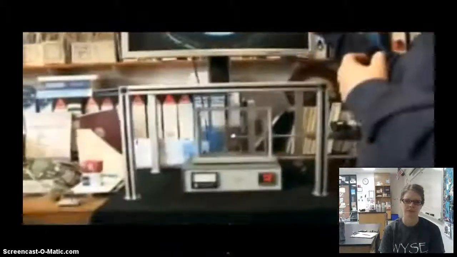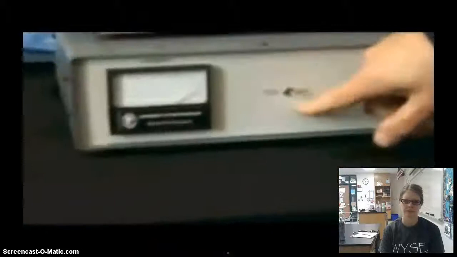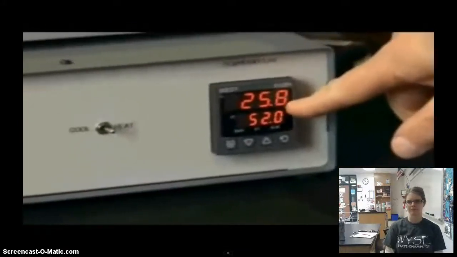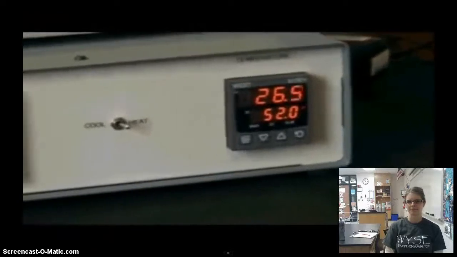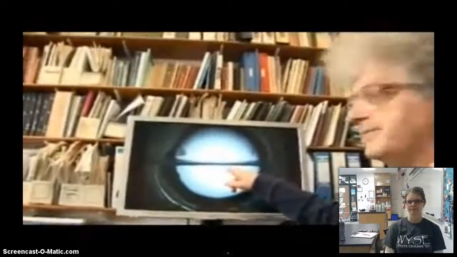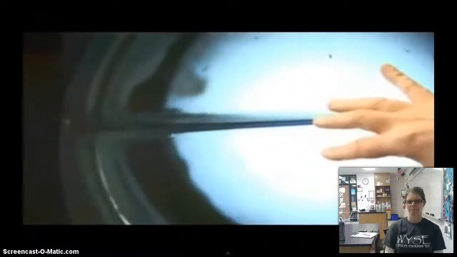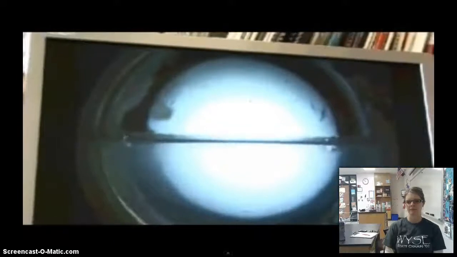So if we start heating this, what did you do just then? I just flicked this switch and switched on the heater, so the temperature you can see is going up. And as the temperature goes up, this begins to boil, and as it boils, material goes from the liquid into the gas. And as it goes into the gas, the gas gets denser because it can't escape.